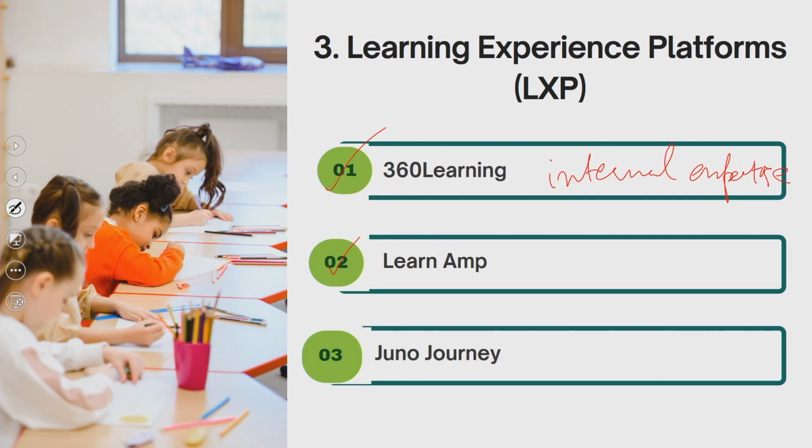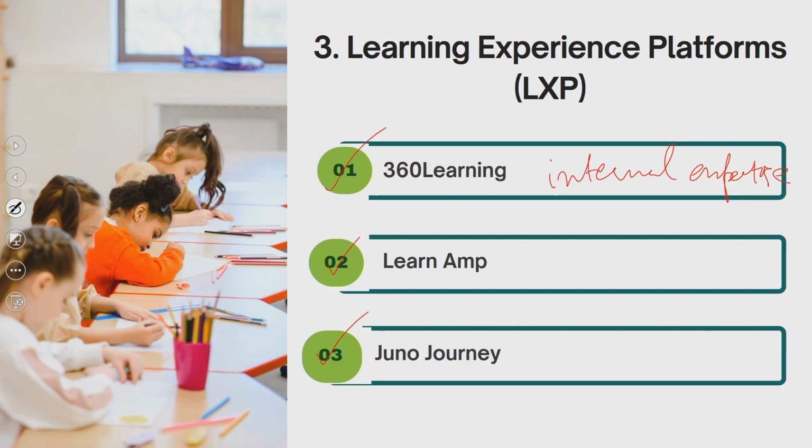The third learning experience platform that I'll discuss today is Juno Journey. Juno Journey is a learning experience platform that focuses on personalized employee development. It combines learning management with performance tracking and career pathing, offering tailored content recommendations and development plans.